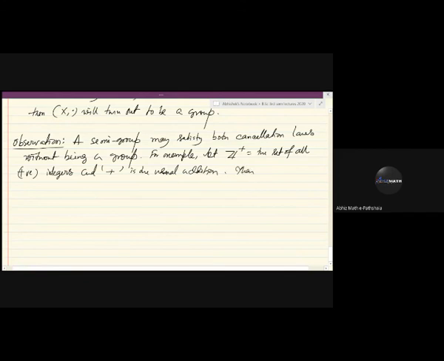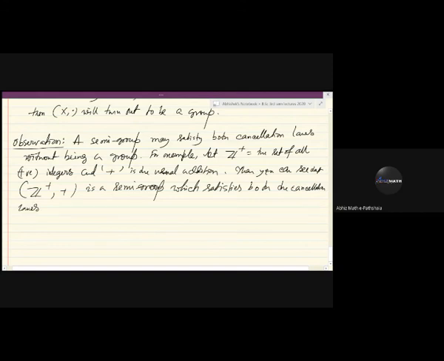Then you can see that this algebraic system is a semigroup which satisfies both the cancellation laws. But this will not be a group.